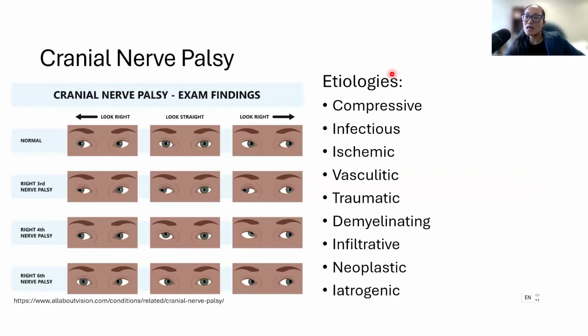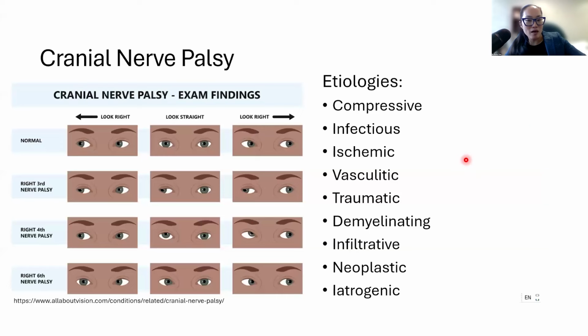I'm not going to go into detail, because I assume that the audience, being mostly staff ophthalmologists or neurologists, knows how to take a history, how to ask about associated symptoms, and how to examine. If more than one cranial nerve is involved, you know where that would localize to. But generally speaking, fall back on these possible etiologies.